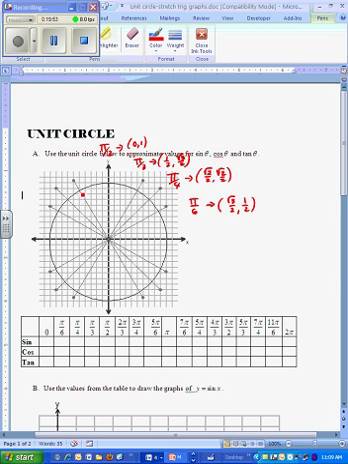Now, I forget what this one is. Let me see if I can count. Okay, so this would be pi over 6, 2 pi's over 6, 3 pi's over 6, 4 pi's over 6. So this one here is going to be 2 pi over 3. 2 pi over 3 would equate to short leg, long leg. Then this one would be 1 pi over 4, 2 pi's over 4. So over here we'd have 3 pi over 4. Also, I know it's a fraction that's just under 1.